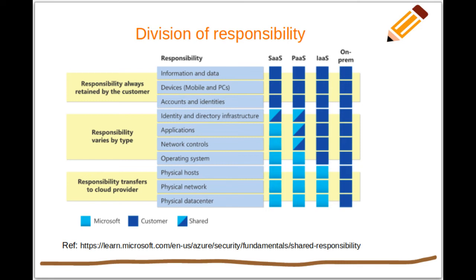Now the other thing is identity and directory, or access management. As we know, user and identity management is one of the core services that any organization works to provide in a seamless fashion, in a way that is simple to use and easy to manage.